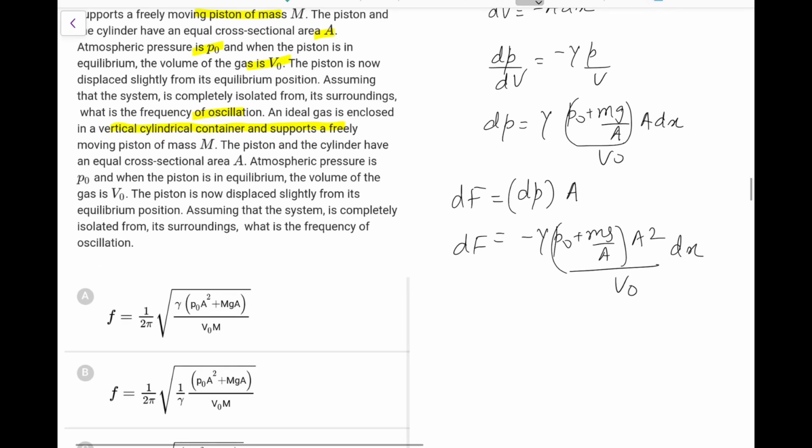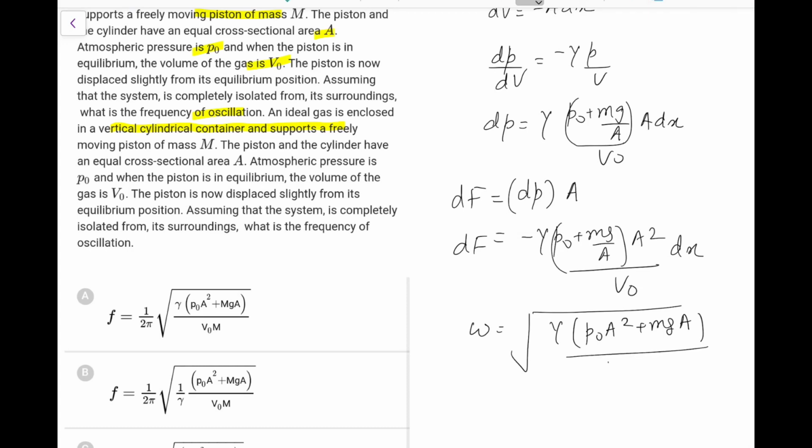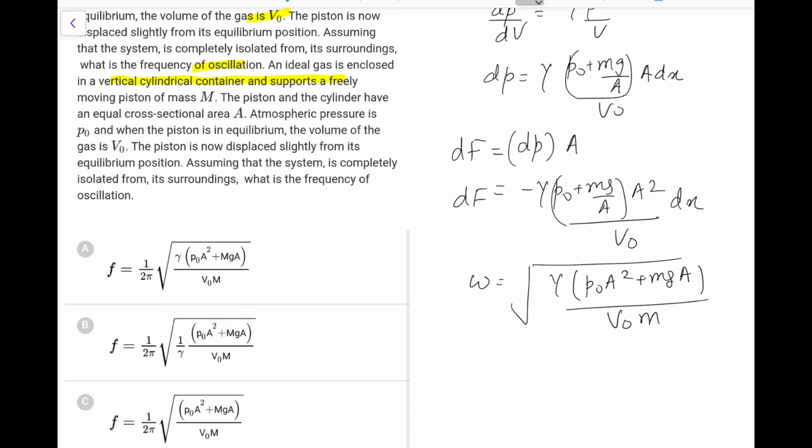So this is an SHM, and the angular frequency is going to be the square root of gamma times P naught A square plus mg A, over V naught and m, because you have to write acceleration. So frequency would be omega by 2 pi. This is the first option you will go for here.